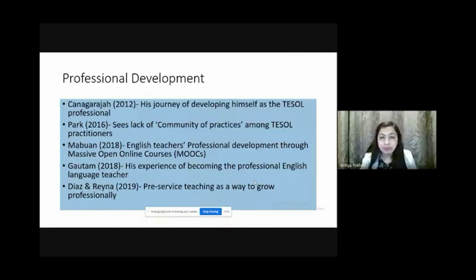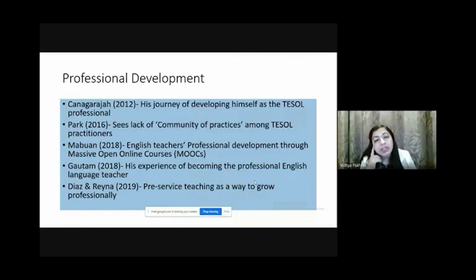So from my study, Kanegraza 2012, Park 2016, Mavwan 2018, Gautam 2018, Dias and Rana 2019, they have all brought their experiences related to professional development.